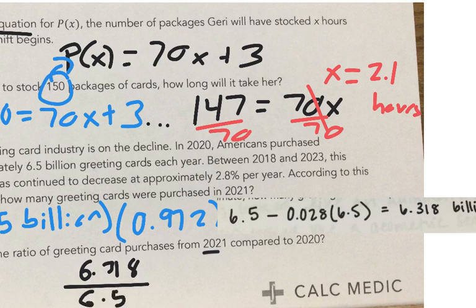So what is 6.318 divided by 6.5? They're just showing you the step that I've already kind of talked you through how to get that. We're following just another way to find that 97%. Cool. Okay.